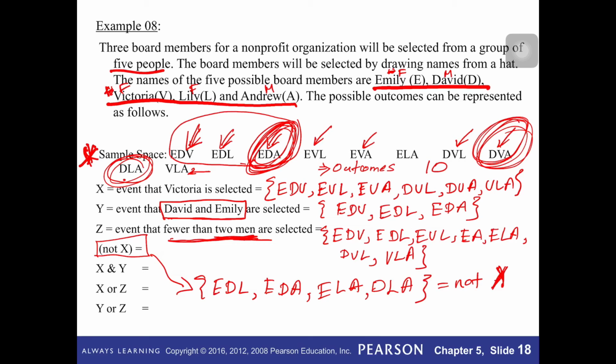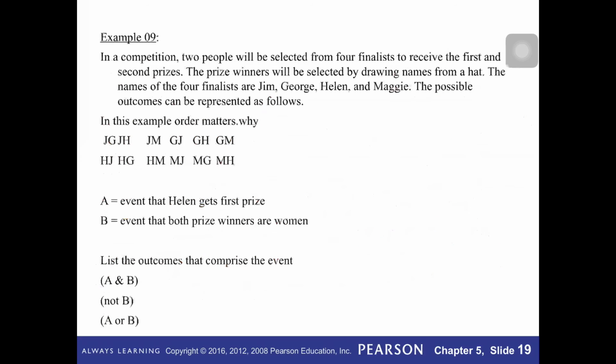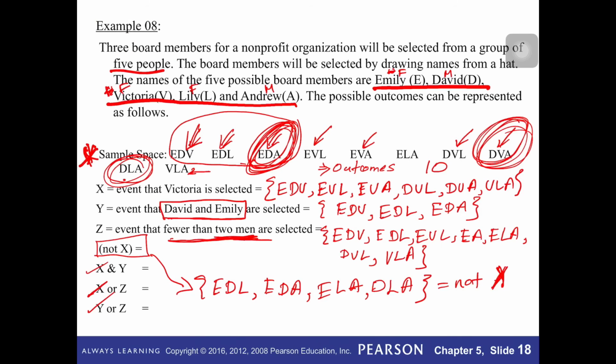Please try these three by yourself. This example 9 is the same as the previous one, so try to work on that. Give me a second. I think it's better if I mention at least these two.